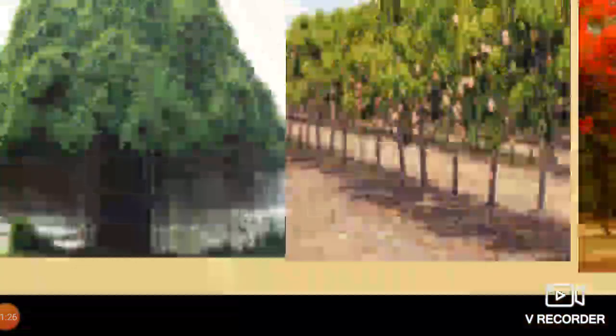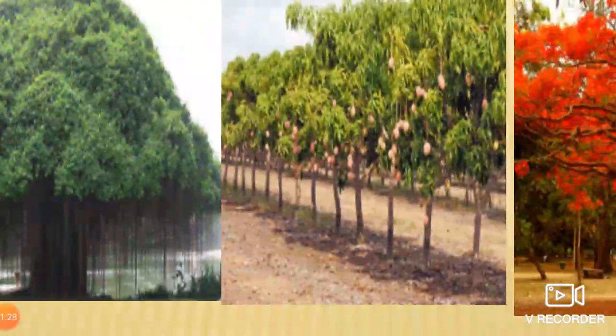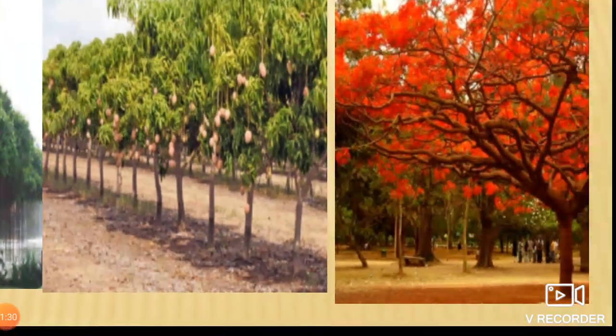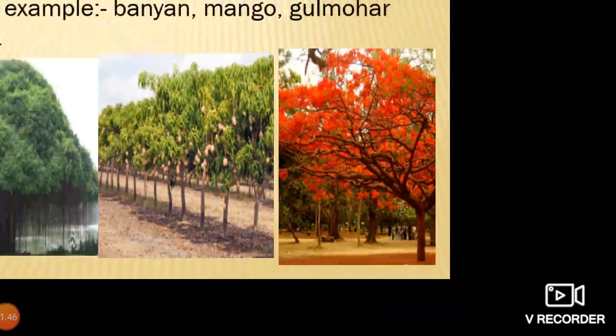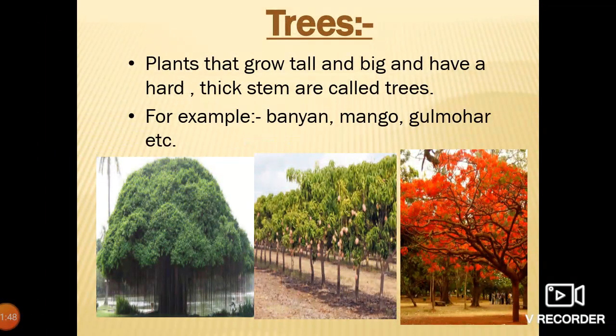As you can see in this image, this is the strong and woody stem of trees, and this strong and woody stem is called trunk. Trees give us shade, fruits and wood. Examples of trees are banyan tree, mango tree and gulmohar tree.